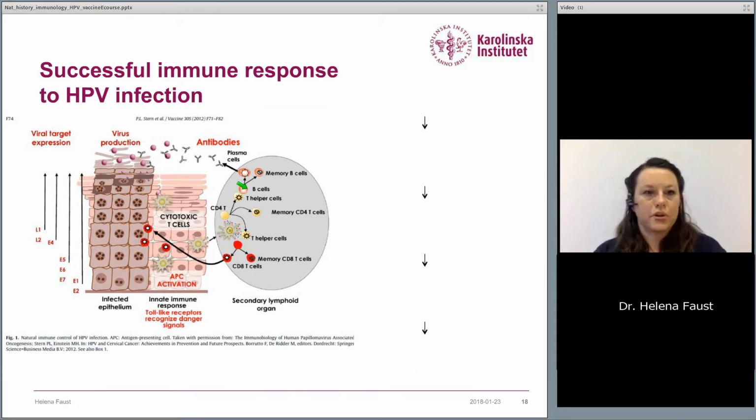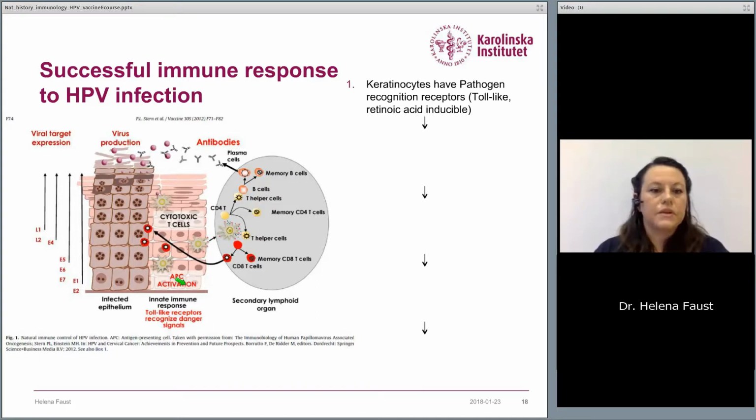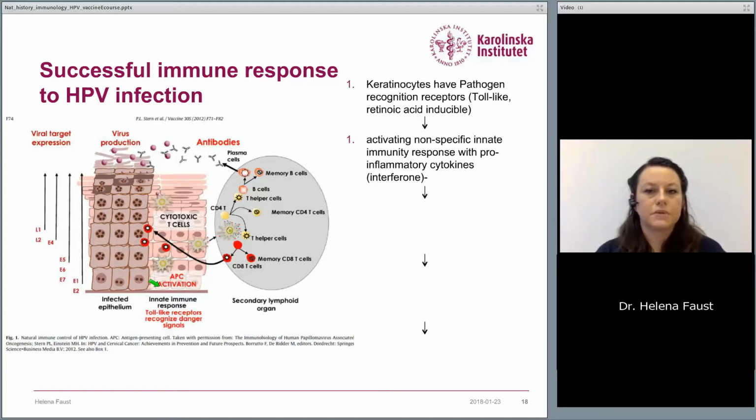So what should a successful immune response to HPV infection look like? Here we have basically shown innate immunity, and here adaptive immunity should come from that side. This reaction should start with keratinocytes down here, which have pathogen-recognizing receptors like toll-like receptors.